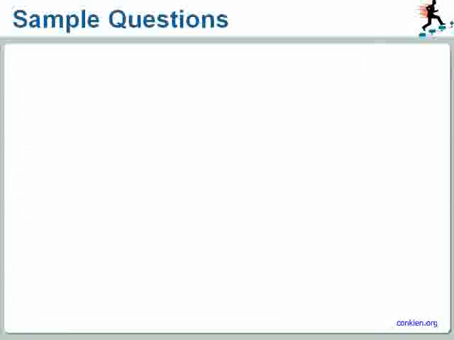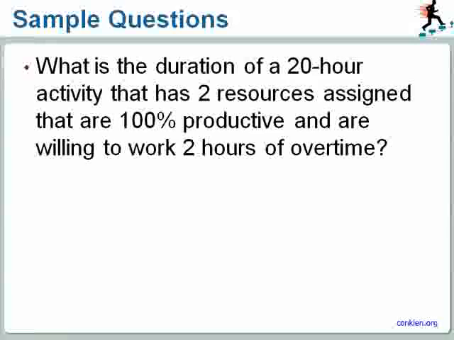And you also have to be aware of possible trick questions, like this one right here. What is the duration of a 20-hour activity that has 2 resources assigned that are 100% productive and are willing to work 2 hours of overtime? This also is something that you can do in your head, because you take the 20 hours of these 2 resources that are 100% productive and you divide it by 2, and you will end up with the answer of 10 hours.